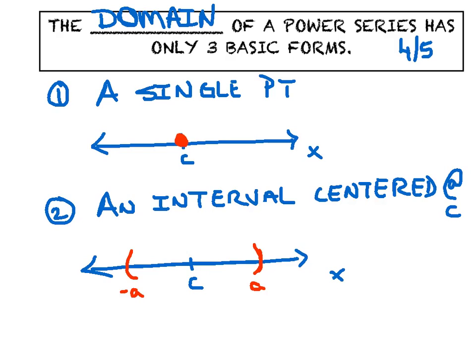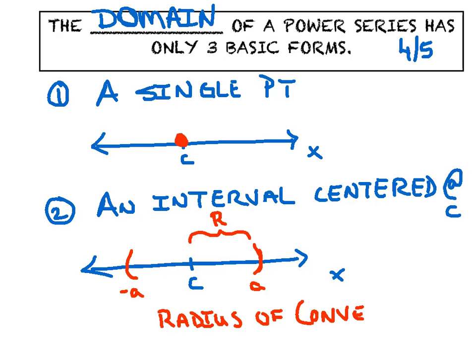And the distance from the center out to that outer edge is called the radius of convergence. That's a new term we're going to incorporate quite a bit, the radius of convergence. A lot of times, we're just going to use the capital letter R, but that just describes the length from the center to the outer edge of that interval.